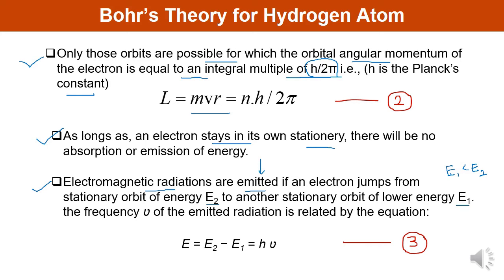So that can be written in this equation. Here E is E2 minus E1, which is equal to h into nu. And this is being written as equation number 3.